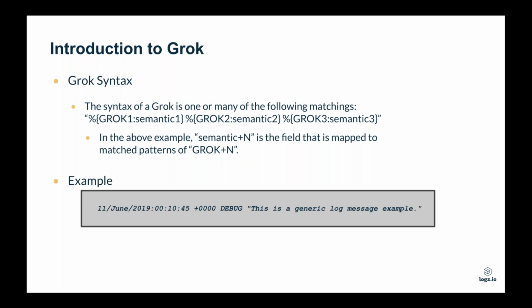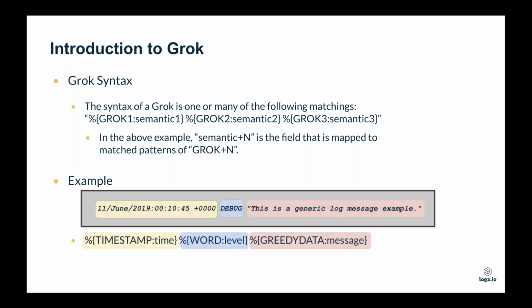In this specific example, which we'll demonstrate live later on in the examples part of the demonstration, we have a simple log line. It's not a real log message, but it looks very much like one. We have a timestamp, a log level, and then a message that has been printed after it. In order to create a Grok that would extract this data, it would be something like this, where you can see that it's consistent, there's always a % and then wrapping curly brackets, but then there's a Grok phrase, in this case timestamp, word, or greedy data, followed by a semantic like time, level, or message.